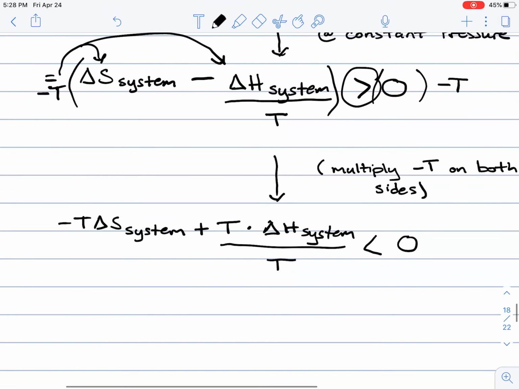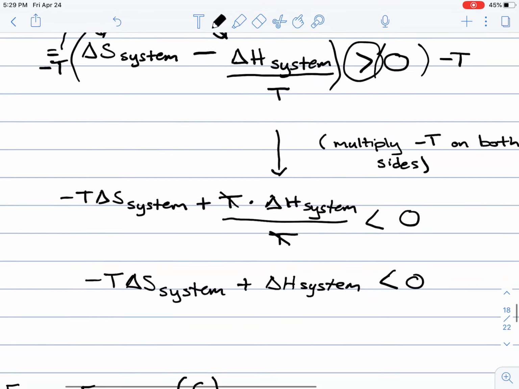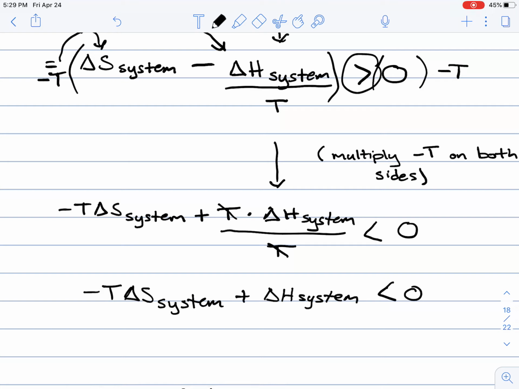And so what we get is this expression where the T's cancel out, and what we'll get is minus T delta S of the system plus delta H of the system. Another way for me to represent this is just flipping some terms around.